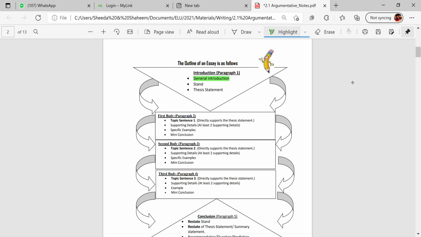We need to have a clear stand, make it clear, and we need to have a clear thesis statement. Okay, now these are the basics. You need to have these 3 features in your introductory paragraph to make it into an effective introductory paragraph. Okay, we'll focus on this later.